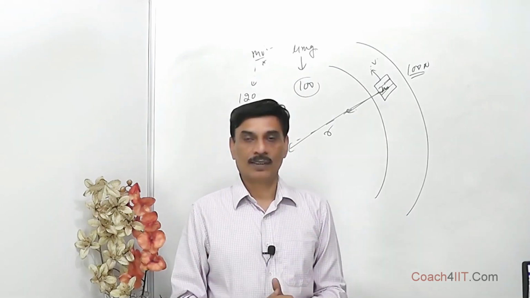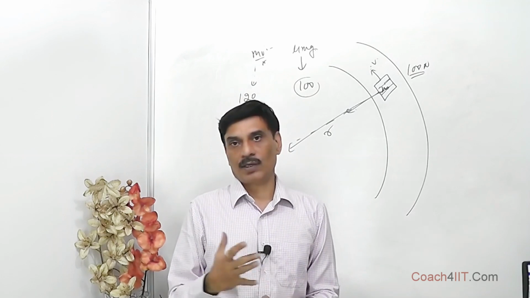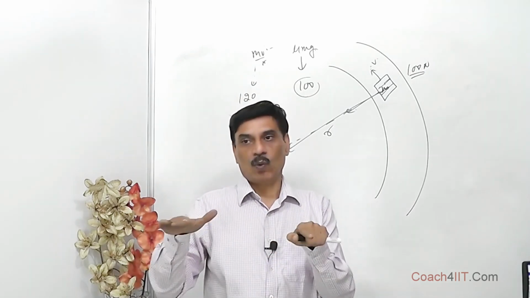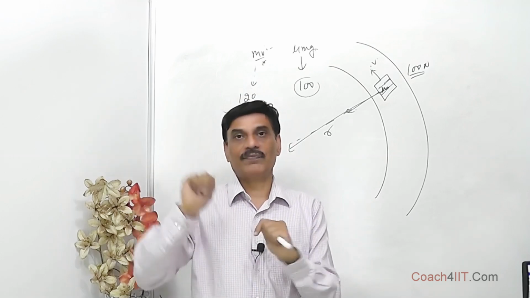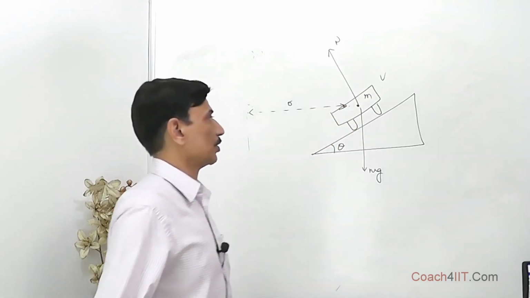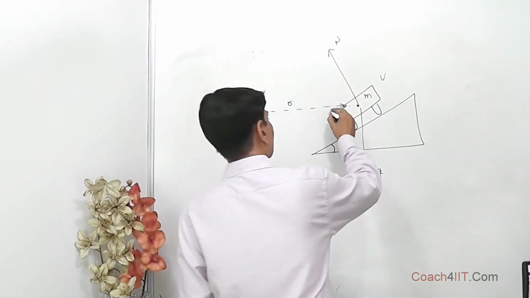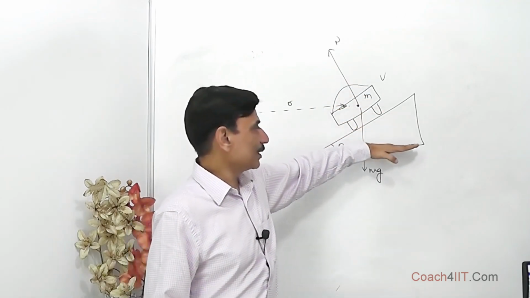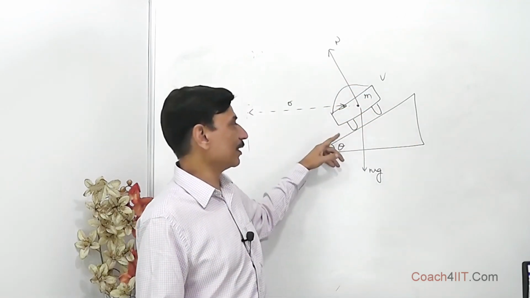But generally at highways, or where there are turns, banking of the roads is done. That is, one end of the road is slightly lifted up. Let's say we are looking at the cross section, and this is a car navigating a turn, and this is how the banking has been done at angle theta.